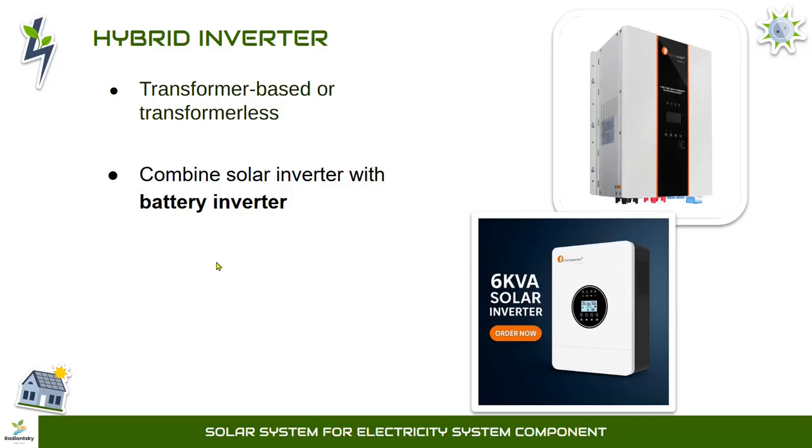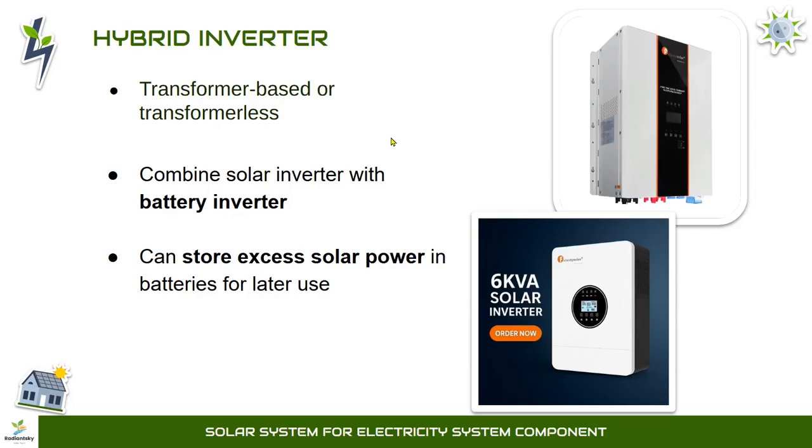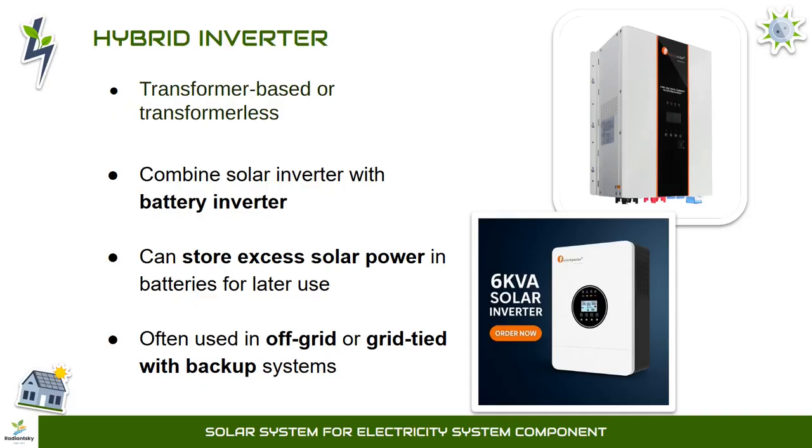That's what it means by combining solar inverting and battery inverting. They have these two features, able to convert current from the battery and also from solar panels. This kind of inverter can also store excess solar power in the battery for later use. This type of inverter is also used in off-grid or grid-tie with backup systems.